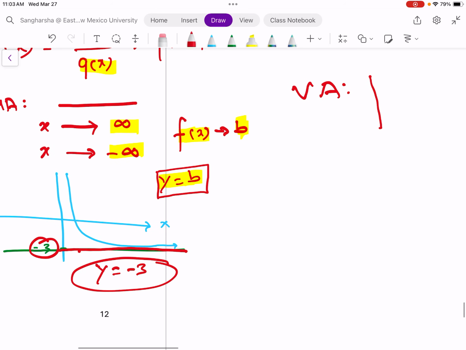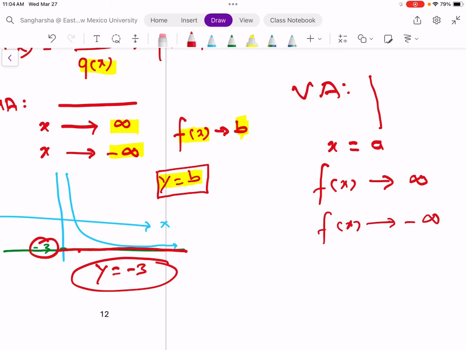If for some number, let's say x equals a, so for some input a, our output f of x approaches a very big positive number, infinity, or f of x approaches a very small number, then x equals a is a vertical asymptote.